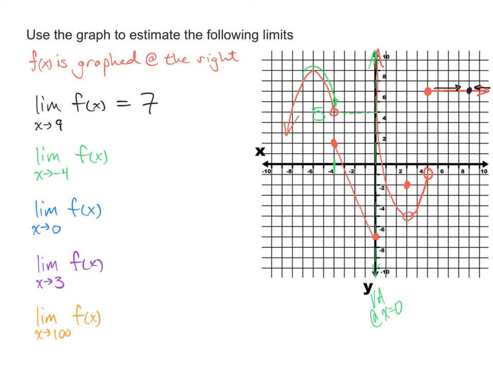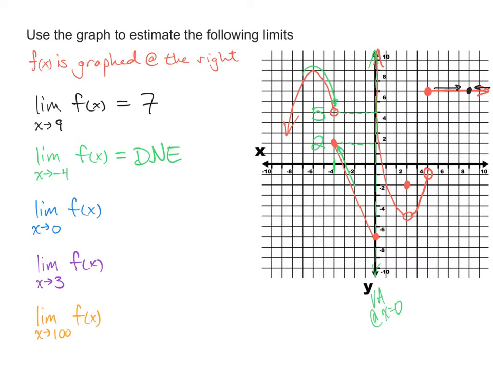And if you approach negative 4 from the right, this graph is trying to approach a y value of 2. So now we have our very first instance where the left side and the right side are not approaching the same y value. This means the limit does not exist. We write DNE for does not exist.